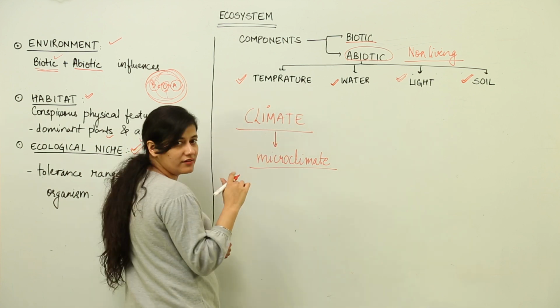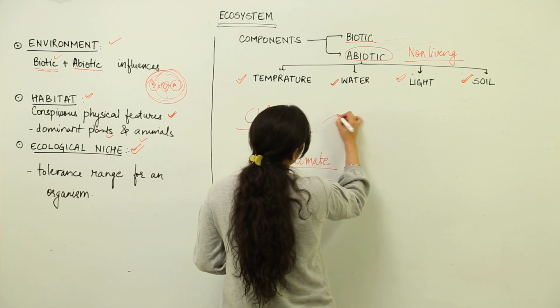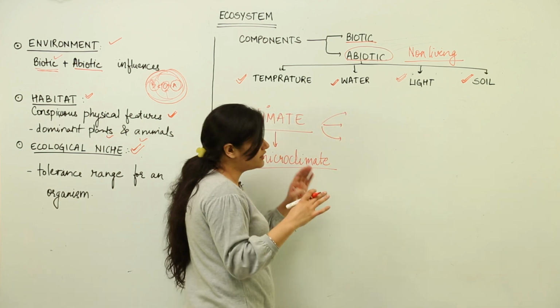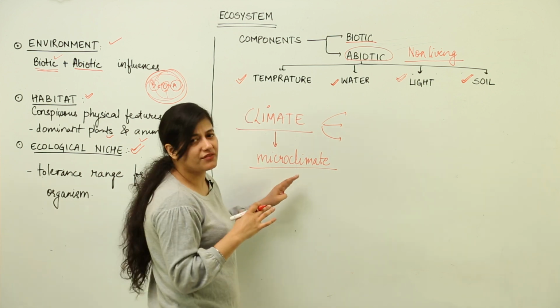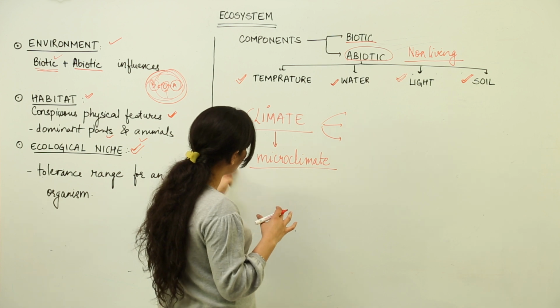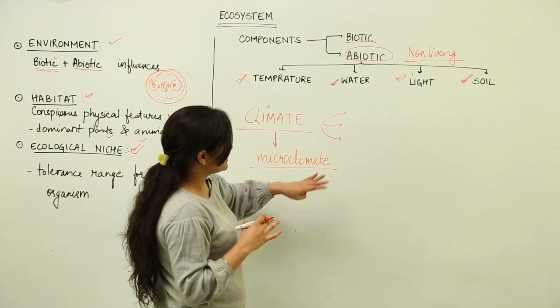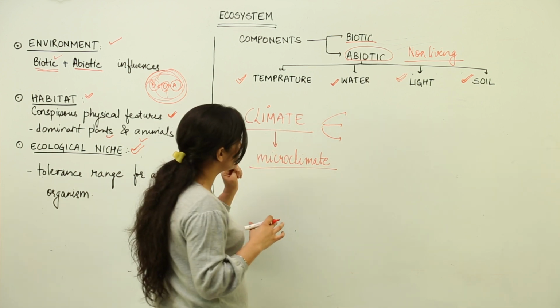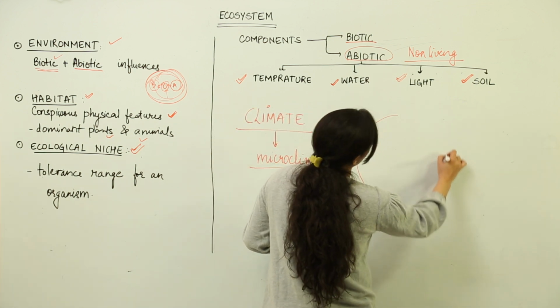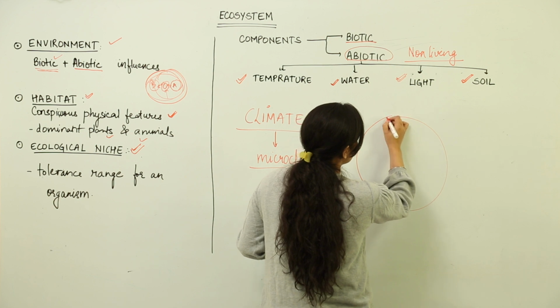Now you might be aware that on Earth we have various climatic zones. You might have heard that there are various climatic zones. We have the torrid zone, the temperate zone, the tropical region. So your knowledge of geography is going to play an important role here. Earth is a round planet, very basic, very simple.